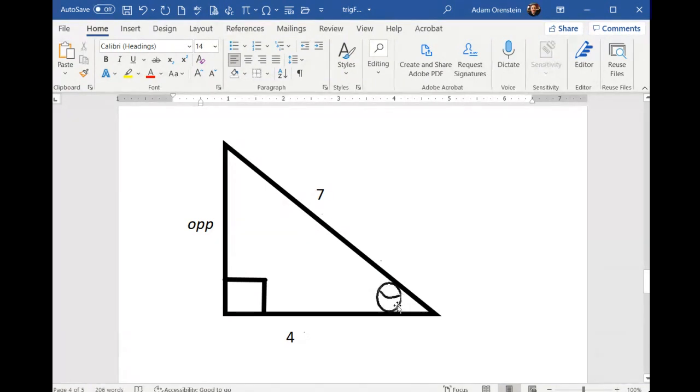If this is theta, cosine is 4/7, adjacent over hypotenuse. But we don't know the length of the other side, this opposite side, OPP. How can we get it? Pythagorean's theorem.